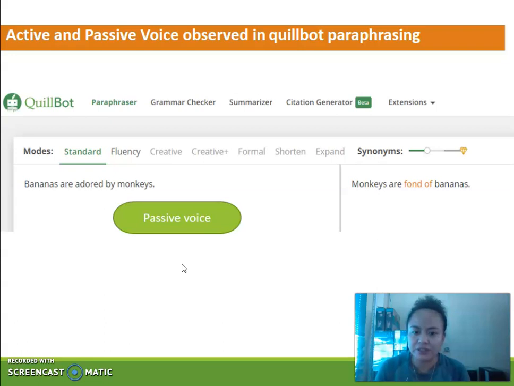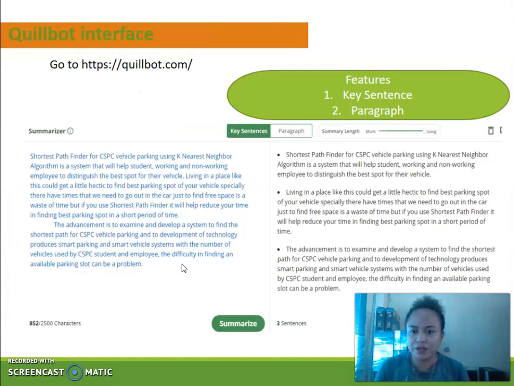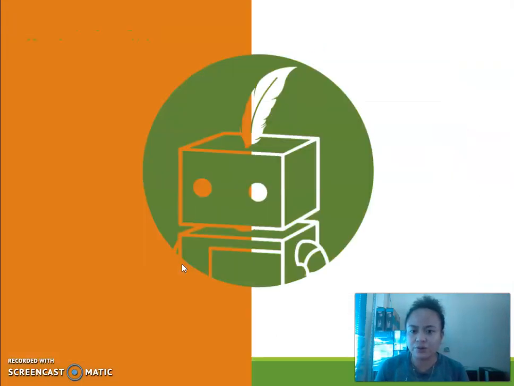Then, when we paraphrase this, we have an active voice: monkeys are fond of bananas. So, that is our observation in paraphrasing in Quillbot. That is our lecture for Quillbot. We see that Quillbot is very useful in paraphrasing and when we want to convert the tone of our sentences.